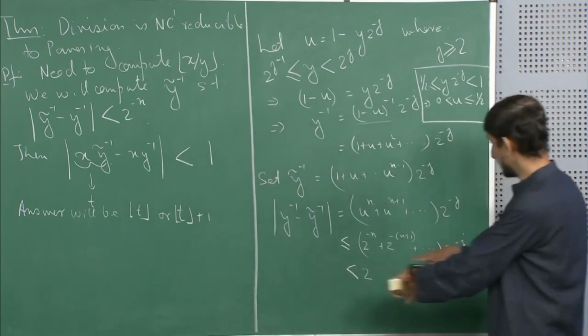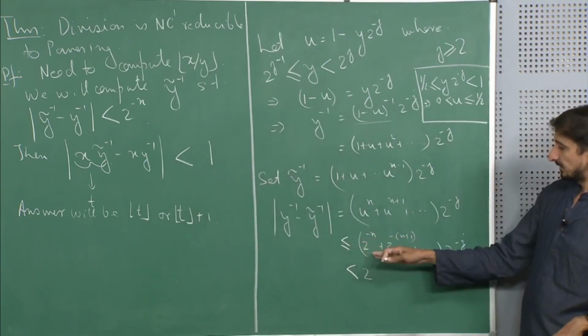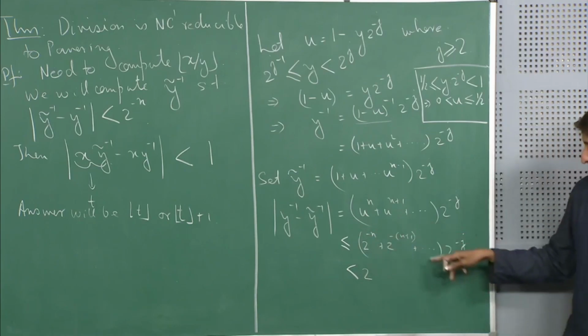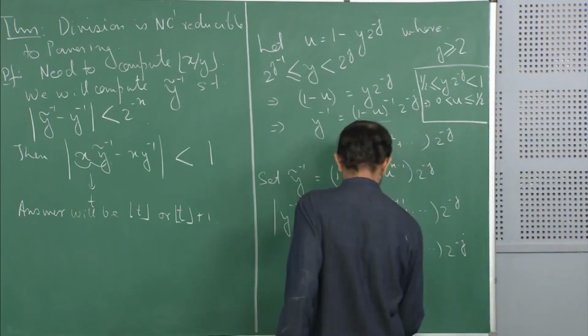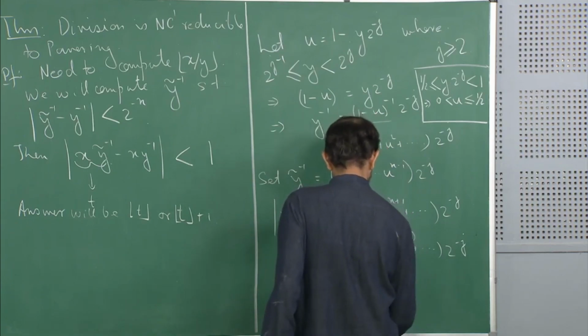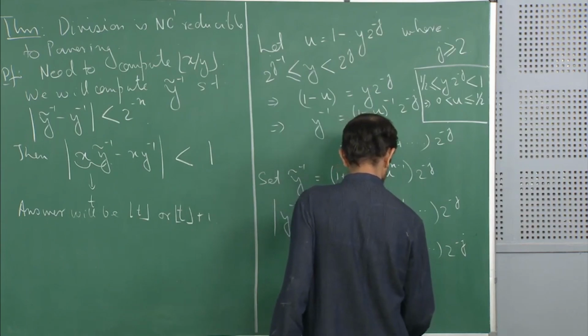So if you look at this sum, if I take 2 to the power minus n outside, this is 1 plus half plus so on.